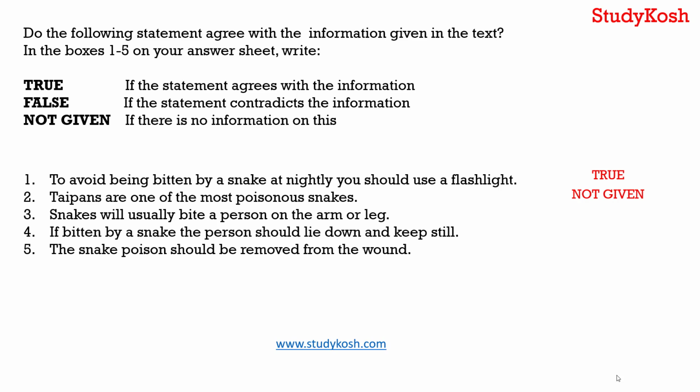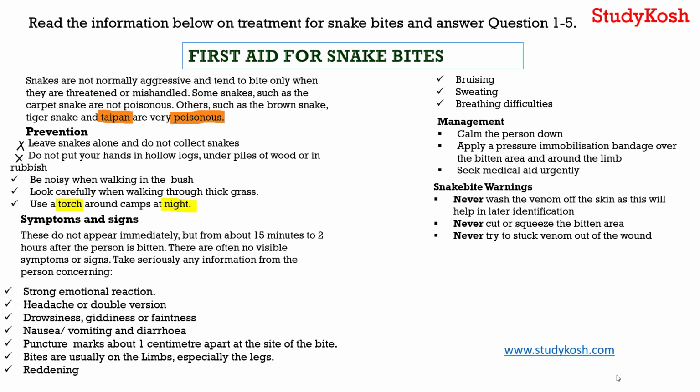Snakes will usually bite a person on the arm or leg. The keyword for this statement is arm or leg. So therefore, let us find this in the passage. If you see under symptoms and signs, the 6th point mentioned under this, bites are usually on the limbs, especially on the legs. This is where our exact keywords lie.